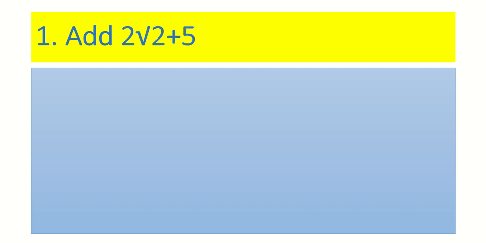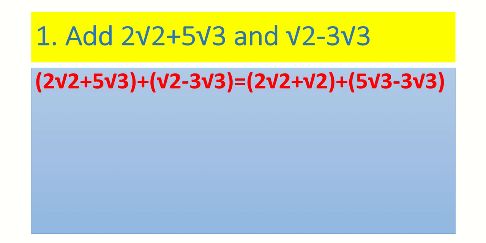Let us solve some more examples. Add 2 root 2 plus 5 root 3 and root 2 minus 3 root 3. 2 root 2 plus 5 root 3 we have to keep together, plus root 2 minus 3 root 3. 2 root 2 plus root 2 we keep together because both are like terms.